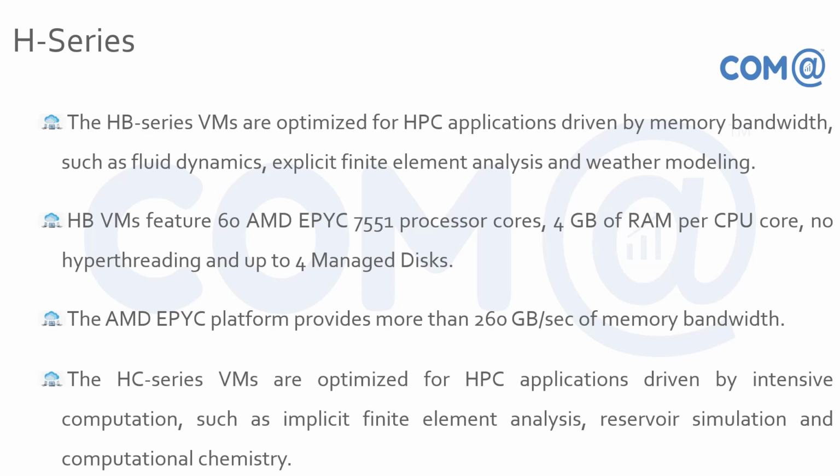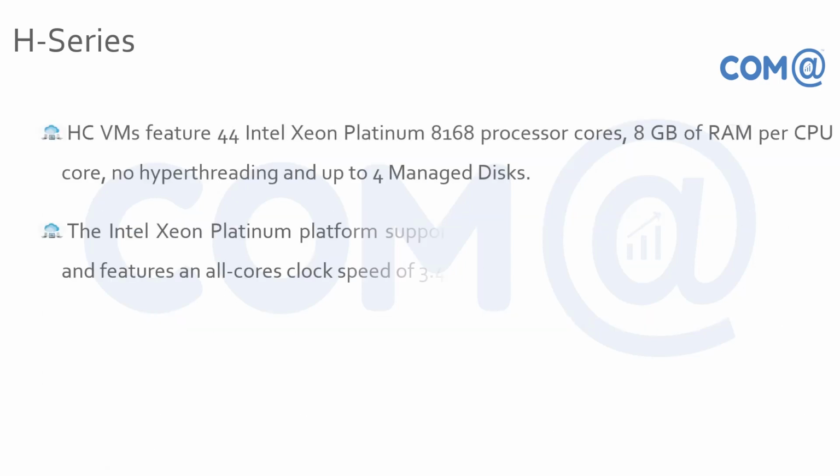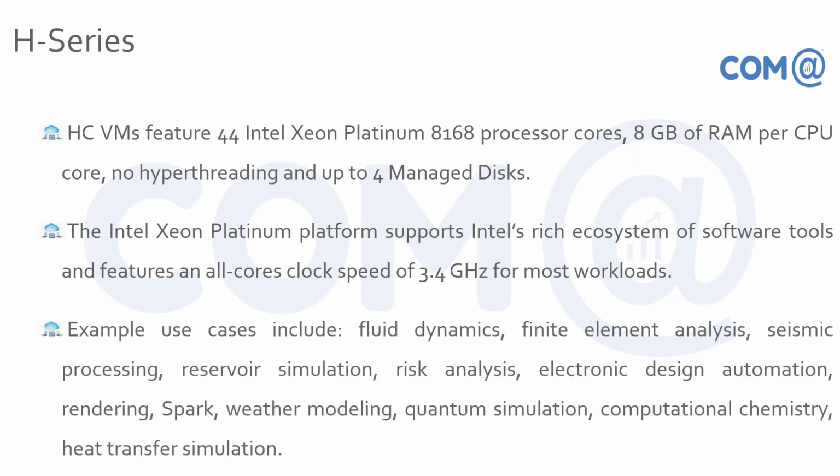The HC series virtual machines are optimized for HPC applications driven by intensive computation, such as implicit finite element analysis, reservoir simulation, computational chemistry, etc. The HC VM features 44 Intel Xeon Platinum 8168 processor cores, 8 GB of RAM per CPU core, no hyperthreading, and up to 4 managed disks.